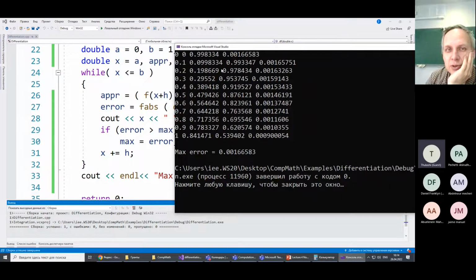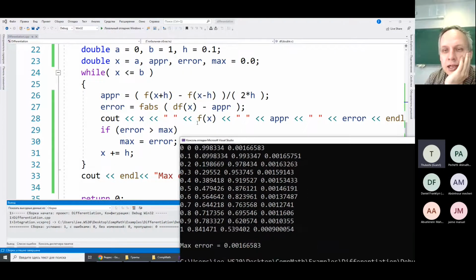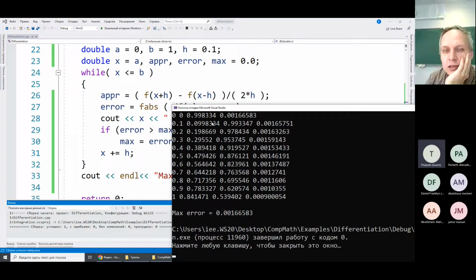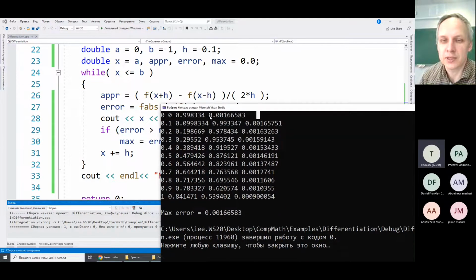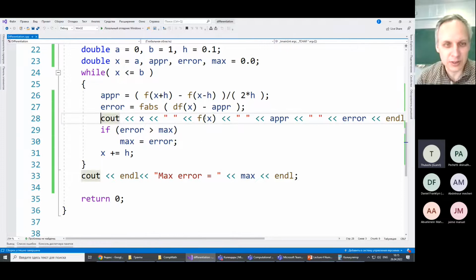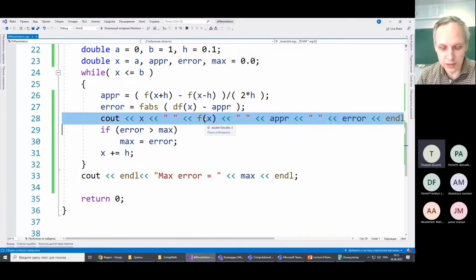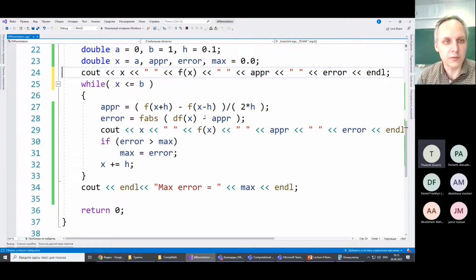Here is the table of the values. The first column is x, the next column is f of x, then the approximation value and the error. Maybe it's better to output the caption of the table before the loop.